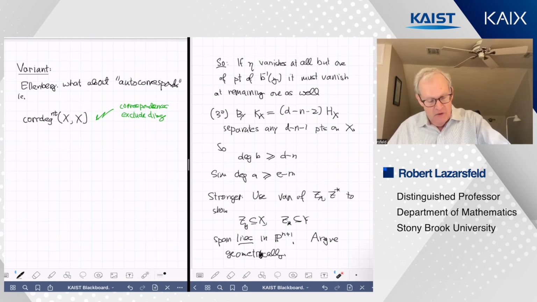Let me call it a conjecture slash theorem. I think we more or less know how to prove this, but we haven't written it out.